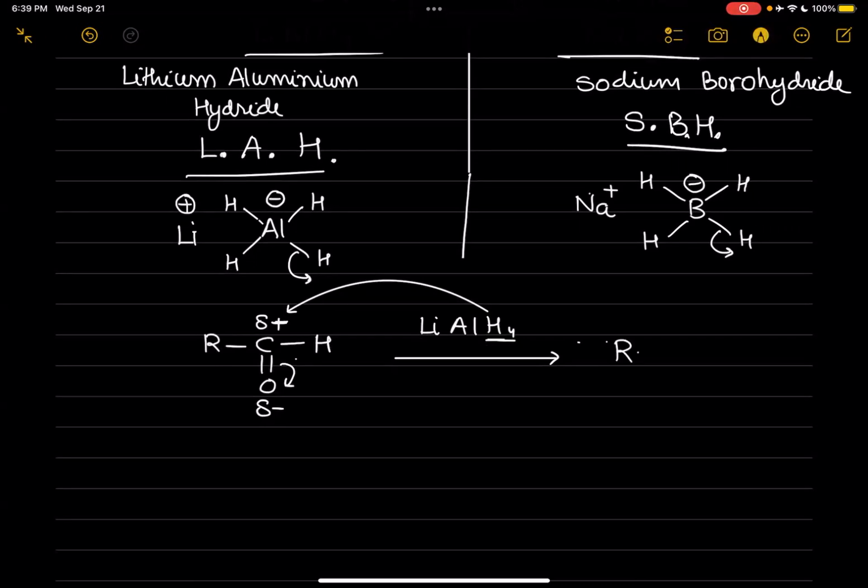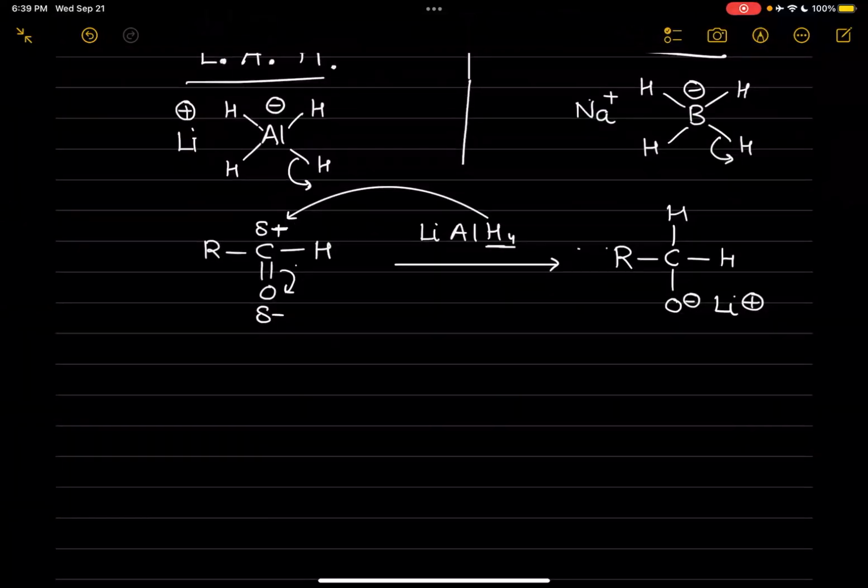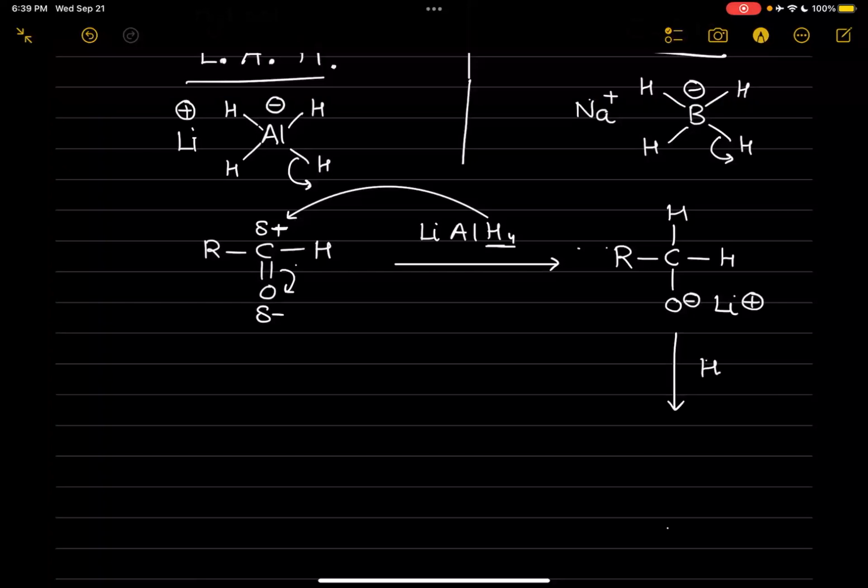So that's how the reaction happens. RCH, one more H came in from LiAlH4, O minus and Li plus. This is how the reaction took place. And then you put water.